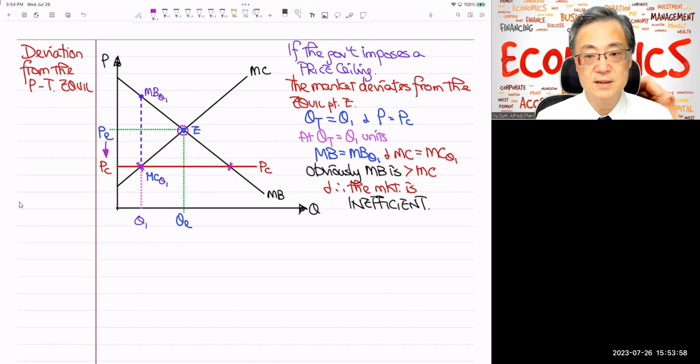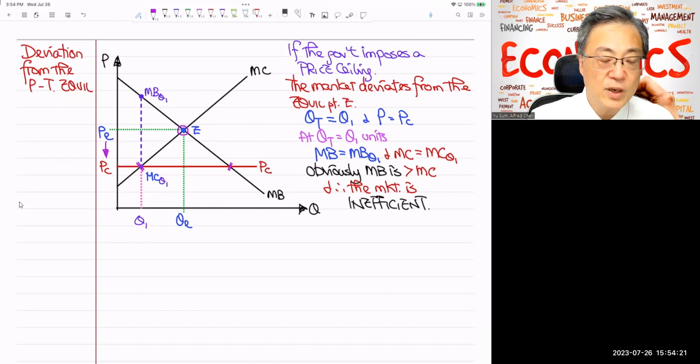Quantity transacted. Remember in the last session, I reminded you, we focus on the quantity transacted. I didn't say we focus on the equilibrium quantity, because here we don't have an equilibrium. We have quantity transacted equal to Q1.